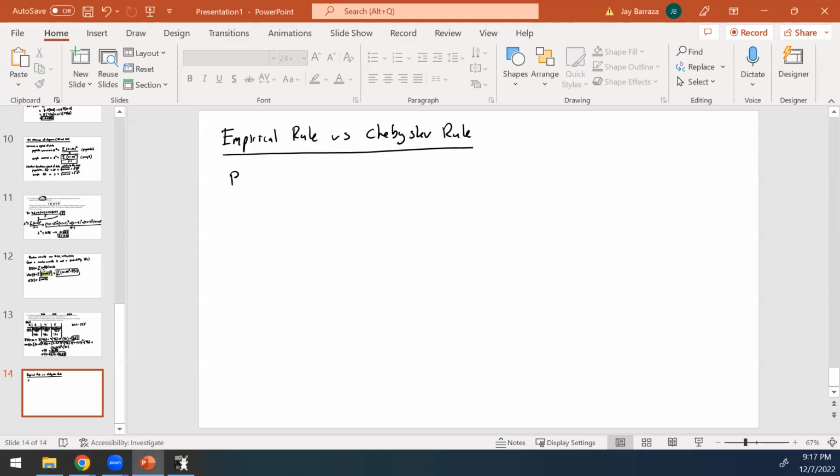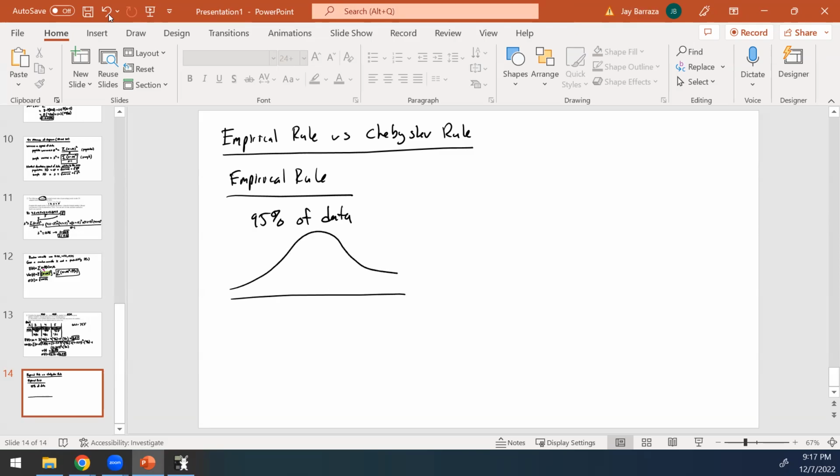So for the empirical rule, if you're talking about 95% of data, that's between two values. The center is always the mean, no matter what. What we're interested in is these two values.